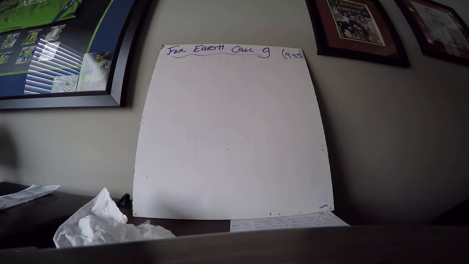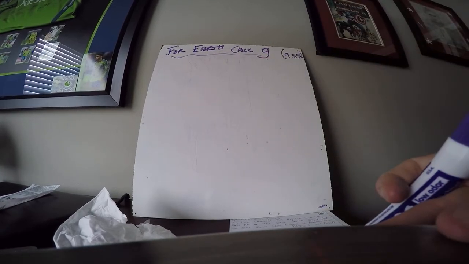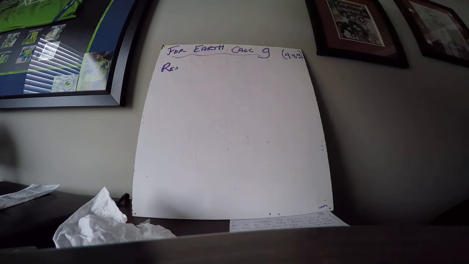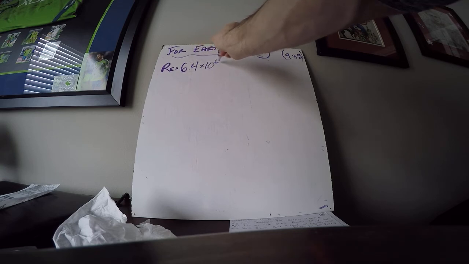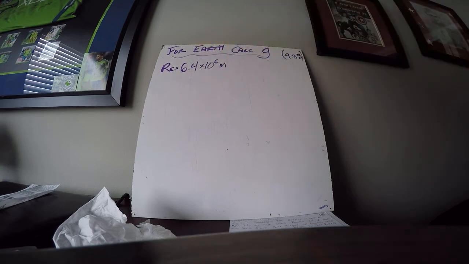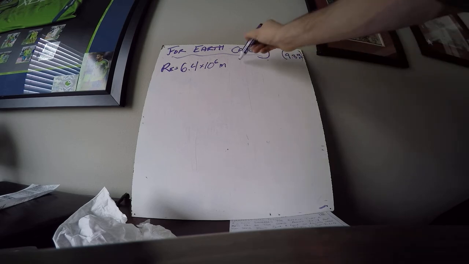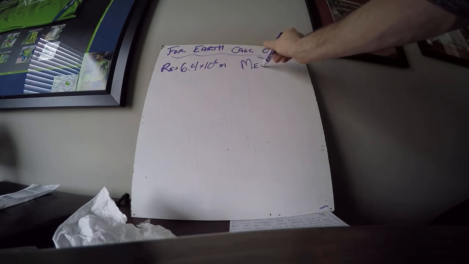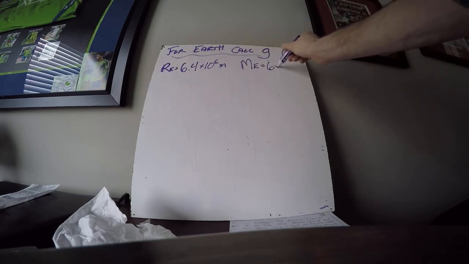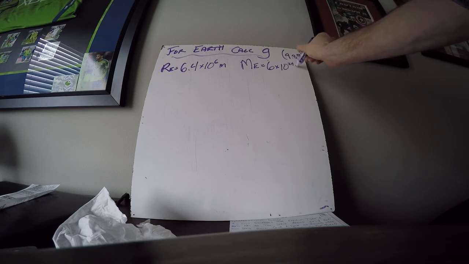Just so you guys have a little more information for this problem, the radius of Earth equals 6.4 times 10 to the 6th meters. That's going to be a common one that you're going to need to know. And the mass of Earth equals 6 times 10 to the 24 kilograms.